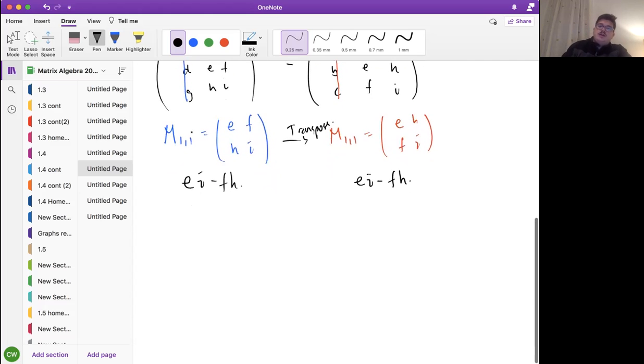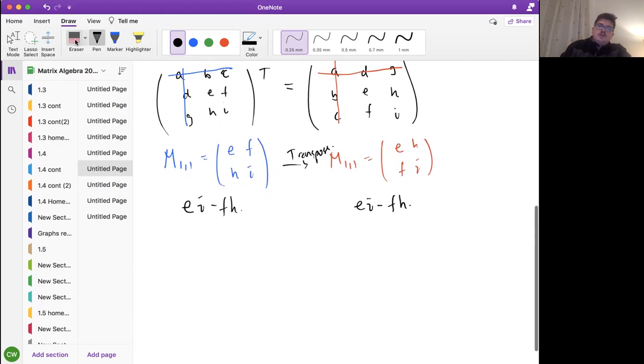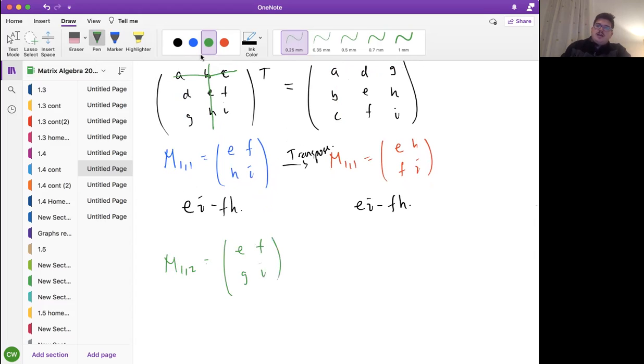So we can do that for the other ones. Just while we're here, let's do M12. D, F, G, I, and let's do an M12 here, which is B, H, C, I. So not quite the same.